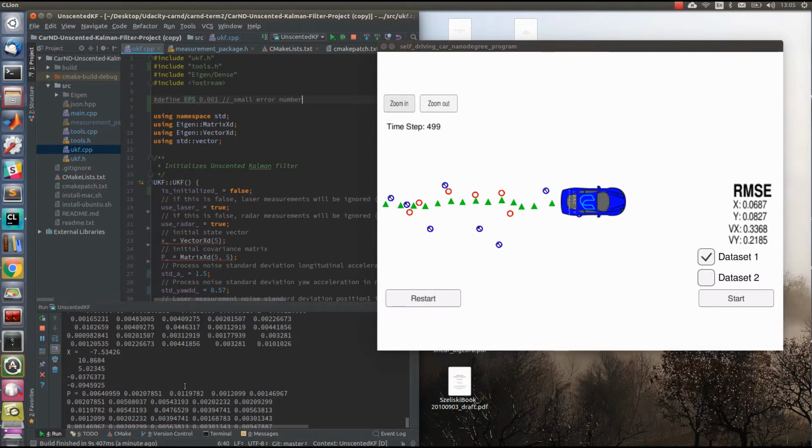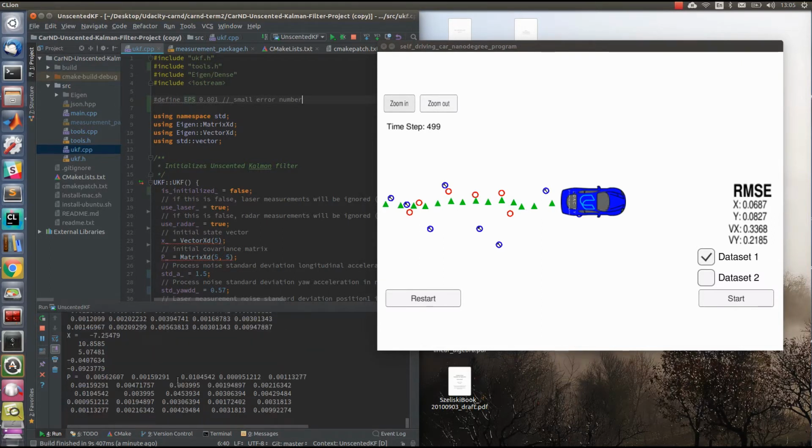And the results of the code are the estimated state vector with the estimated covariance matrix. When we take the square root of the diagonal elements of this covariance matrix, we see that they have values close to the values of the root mean square error, and it means that my filter works well.